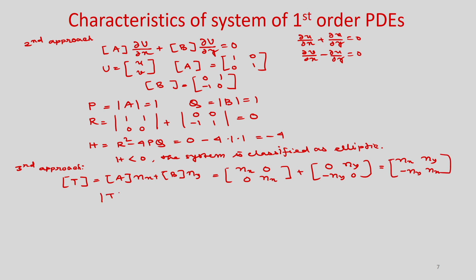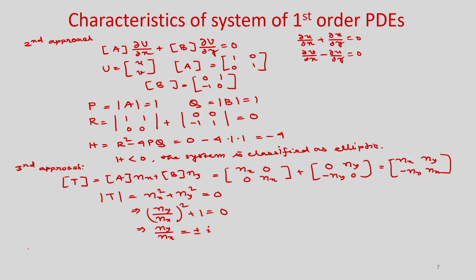Now, you find the determinant of T. It will be n_x square plus n_y square, and it should be 0. So, you can see that (n_y by n_x) whole square plus 1 should be 0, and n_y by n_x should be plus minus i. So, you can see the characteristics are complex.